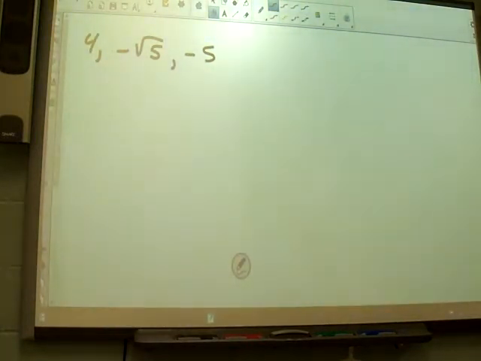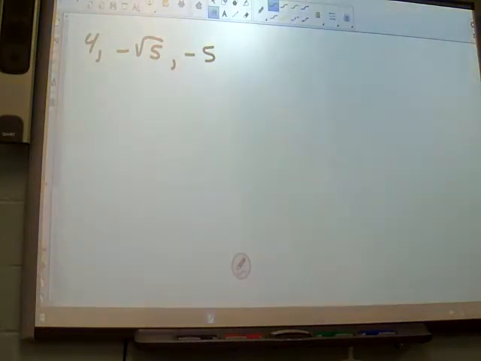Alright, so on number 2, we've got 4, negative square root of 5, and negative 5. Now this one doesn't have any i's, but it still has got the same premise. It's still got a secret 0 they didn't tell us. Is it positive? Very good.